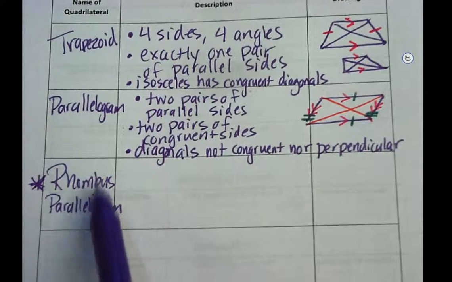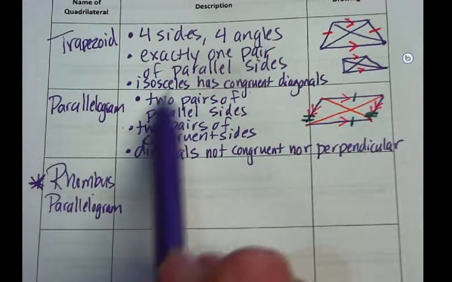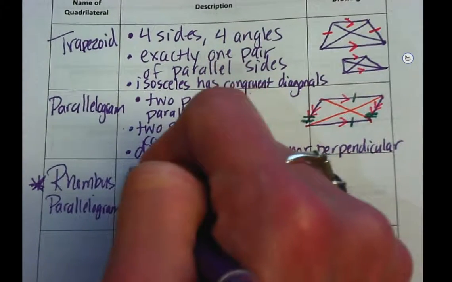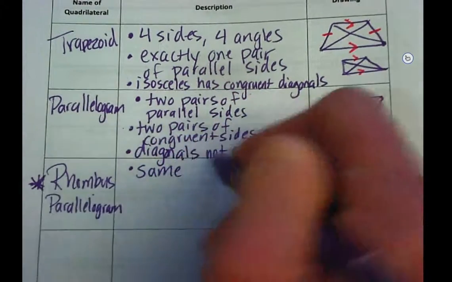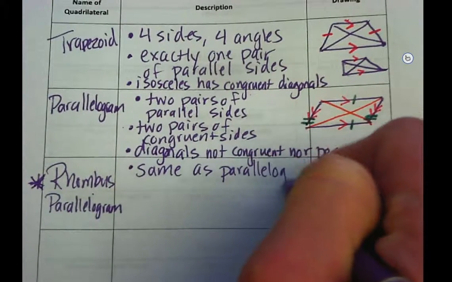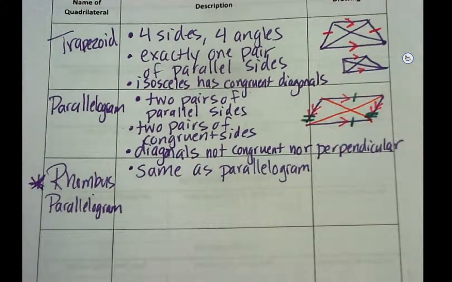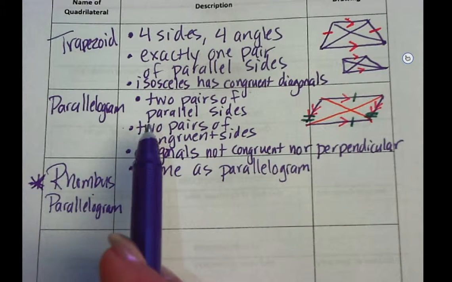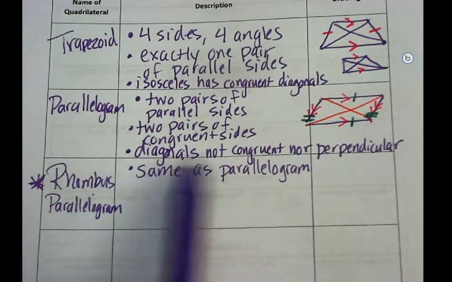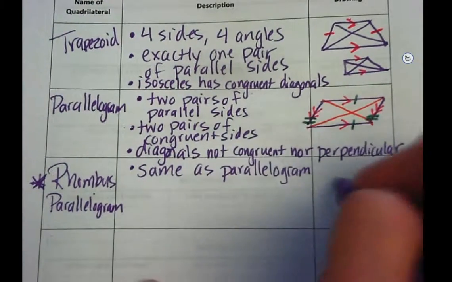Because if you know a rhombus is a parallelogram, it has all of these characteristics. So we're just going to put same as parallelogram. Because it is a parallelogram, it has two pairs of parallel sides, it has two pairs of congruent sides. The diagonals are different though. We are going to talk about the diagonals being different.